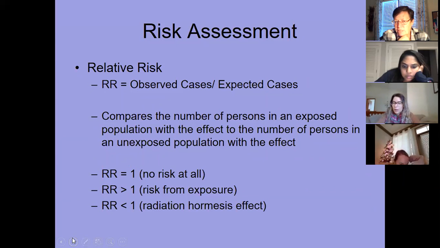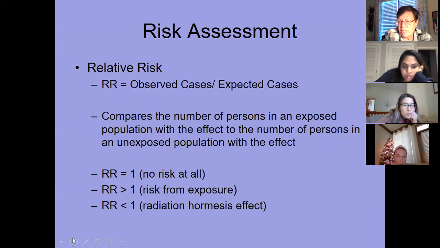The relative risk is found by dividing the number of observed cases of cancer by the number of expected cases of cancer. So basically, if you had a population where normally you would have 10 cases of cancer, that would be how many you expected, but all of a sudden you have 15 cases, then you could calculate the relative risk.